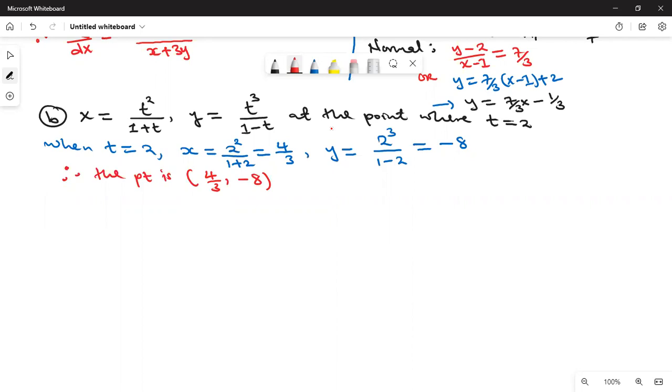That is the point of contact between the tangent and the curve. Of course, it lies on that curve. So let's find dy/dx as usual. Step 1. Find dy/dx.